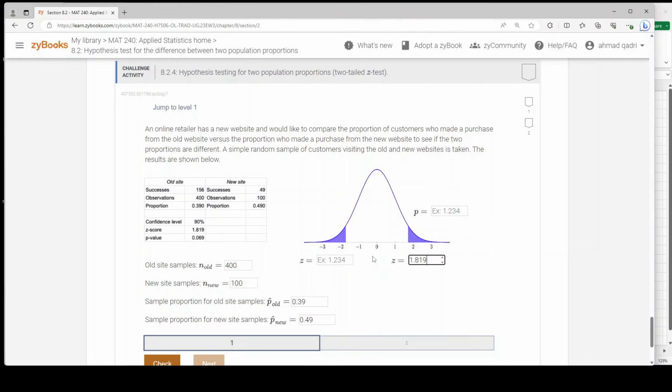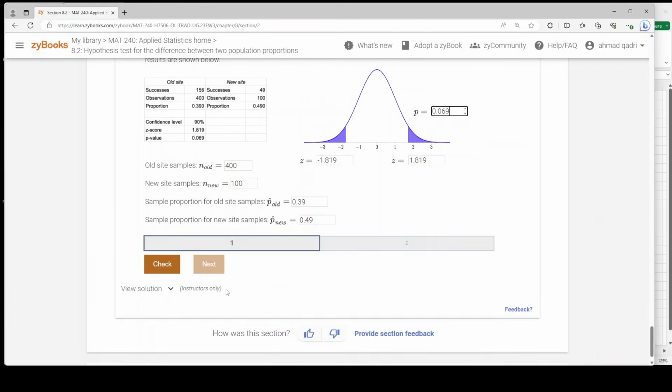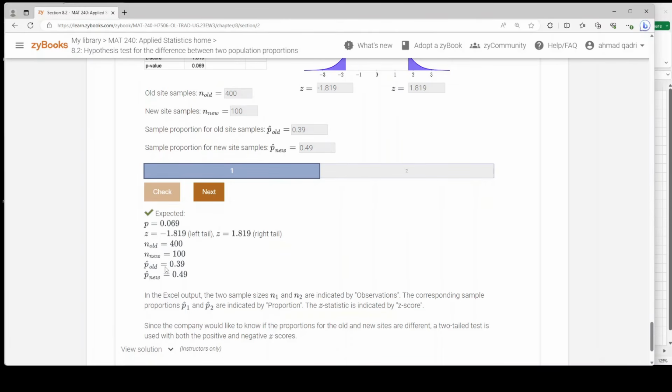And then we notice that the z distribution is symmetric around the value 0. So it's going to be just the mirror image of this value, which would be negative 1.819. And the p-value that's provided here is 0.069. And those are the correct answers.